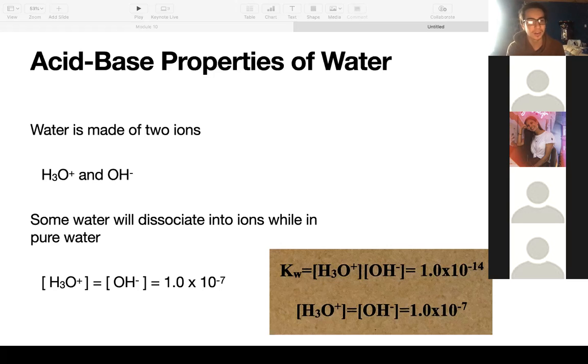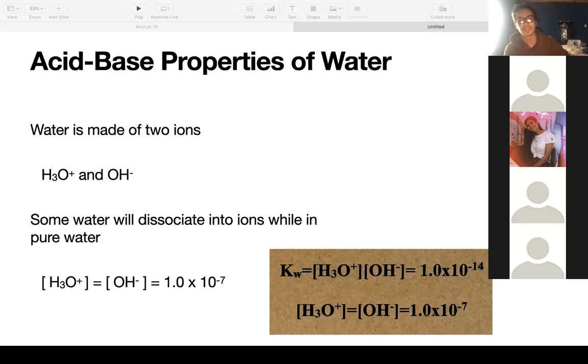So whenever you have pure water, some water is going to dissociate into its ions while simply existing. So if you have a little container of pure water, the concentrations of your protons and your hydroxide ions are going to be 1 times 10 to the negative 7.